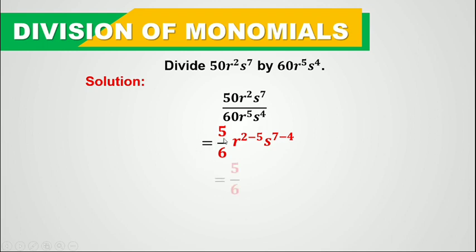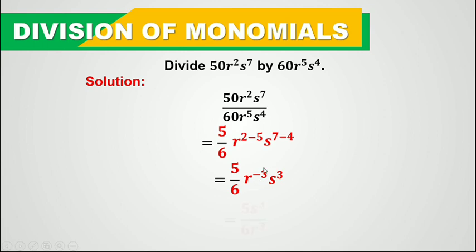So copy 5 over 6 r, so 2 minus 5, that's negative 3. And then s, 7 minus 4, that's 3, so positive 3. As I said, when the exponent is positive, we're going to write that in the numerator. However, if the exponent is negative, I'm referring to the exponent of the variables, we're going to write that variable in the denominator, and then we're going to change the exponent from negative to positive.